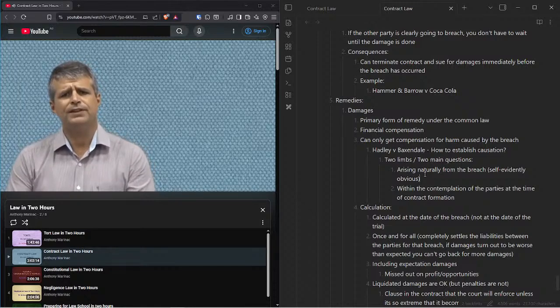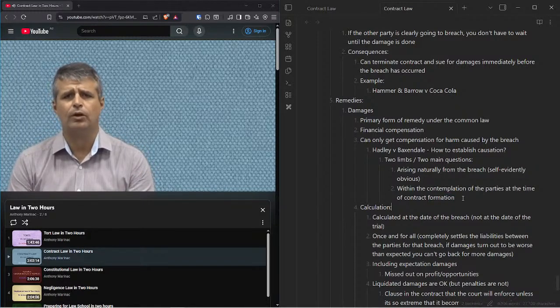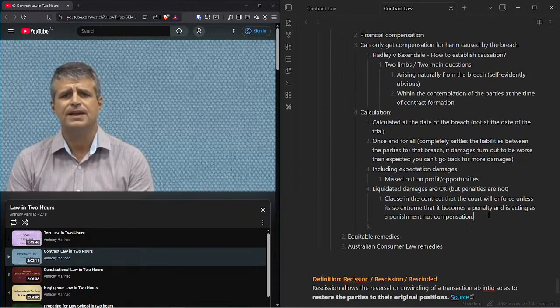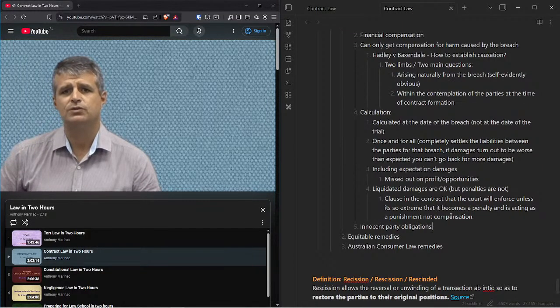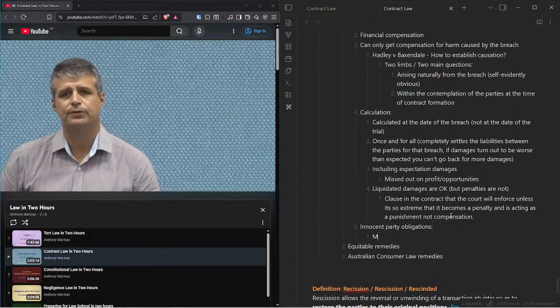Now there are a couple of things to consider on the other side of this whole equation. You see, even the innocent party might have some obligations in the event of a breach. The first obligation is what we refer to as mitigation of loss.